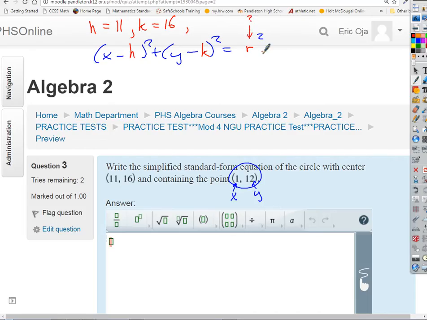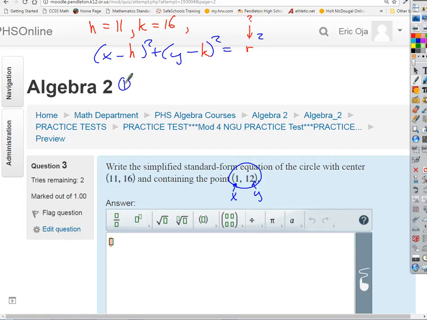But to find r, I could plug in this value of x and y also, right? Does that make sense? Everybody get that? They're giving us 2 of the 3 numbers I need to plug into my answer. To find the third one, I'll use this value of x and y to figure out what r is. Does that make sense?